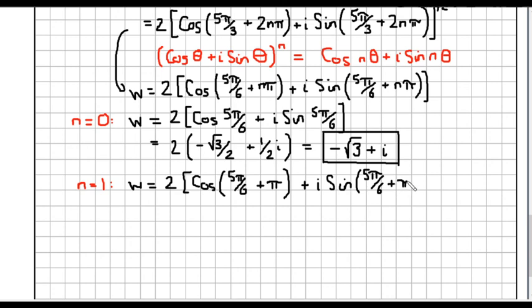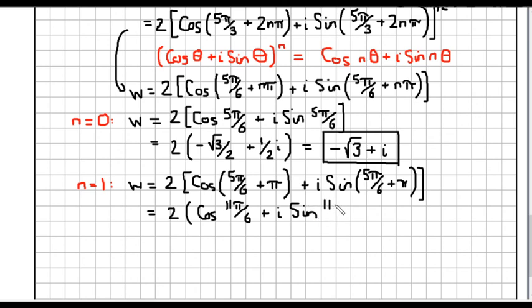So 5 pi over 6 plus pi, well, that's like 6 pi over 6, so 5 pi over 6 plus 6 pi over 6 is 11 pi over 6, so it's going to be twice cos of 11 pi over 6 plus i sine of 11 pi over 6.